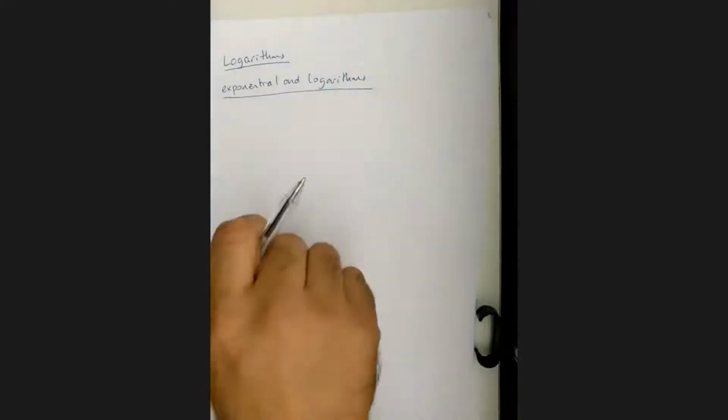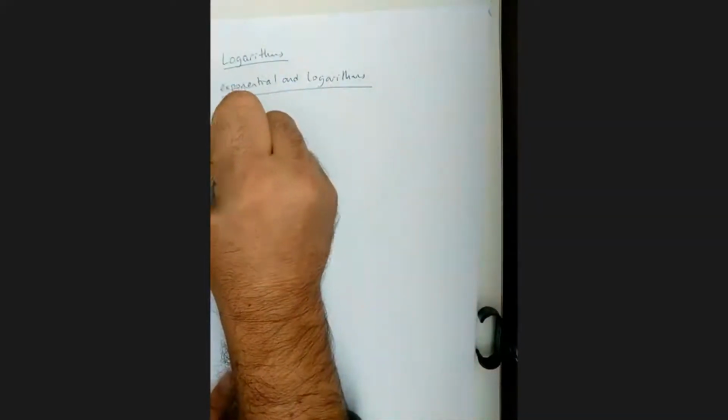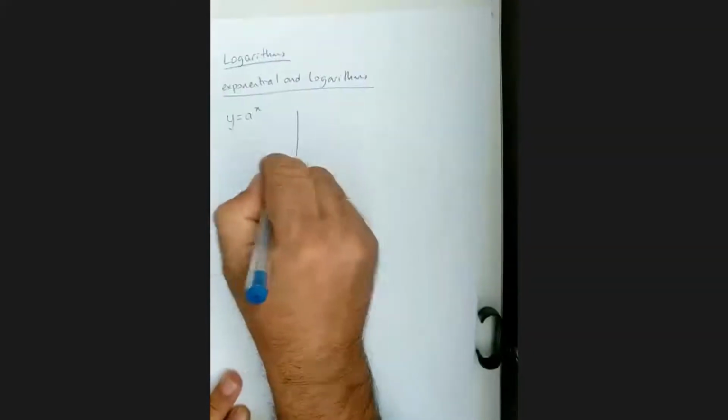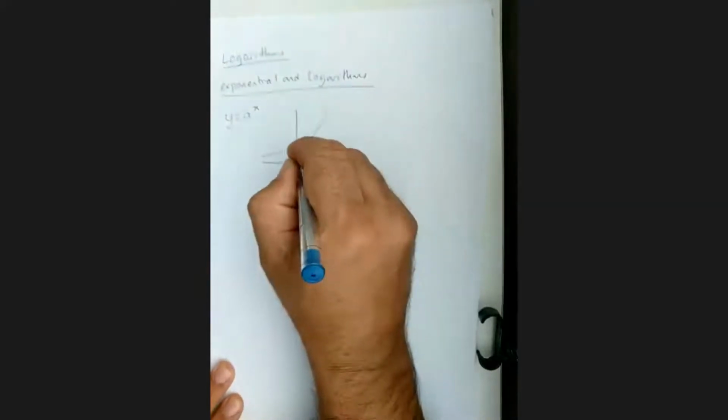Logarithm is another way to write the expressions which are in index form, in indices form. If we have y is equal to a to the power of x, the graph of y equals a to the power of x is this one, which always passes through 1.